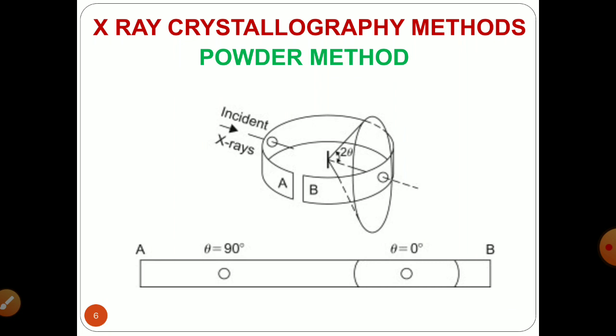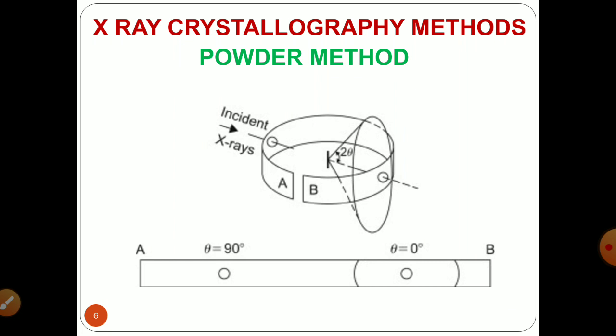So the reflected ray angle is your 2 theta, in comparison with the first one, that is your theta, it is now 2 theta, and consequently each set of crystal planes will give rise to a cone of reflected rays, and that theta is your Bragg's angle for the particular set of reflecting planes producing the cone on the photographic plate.